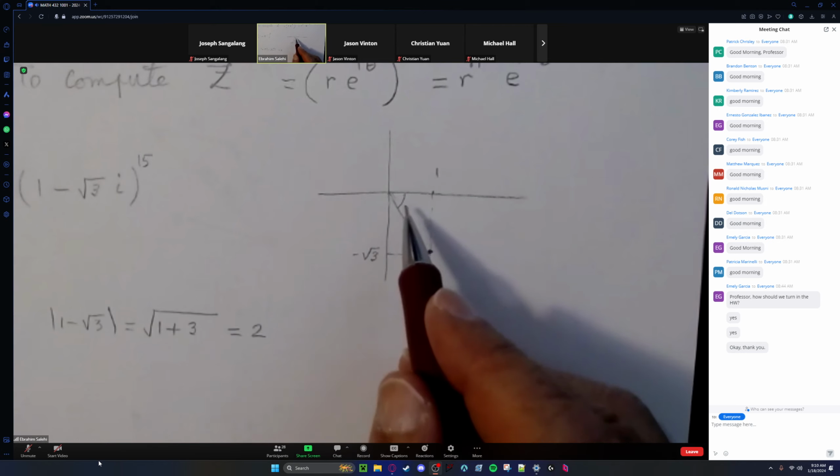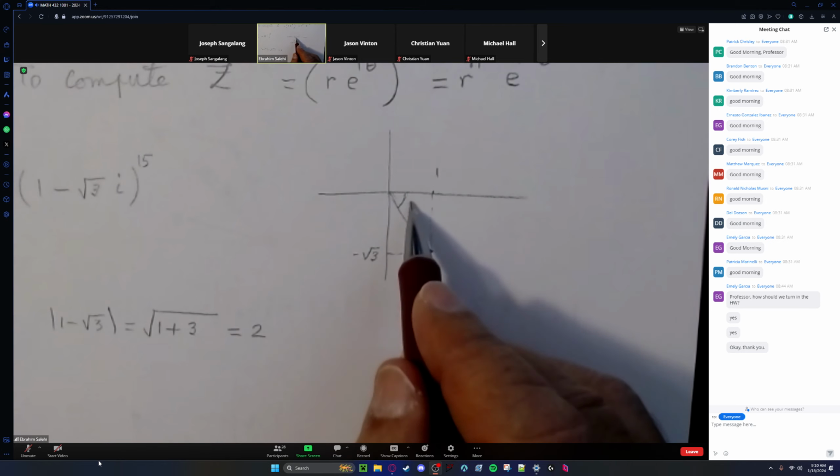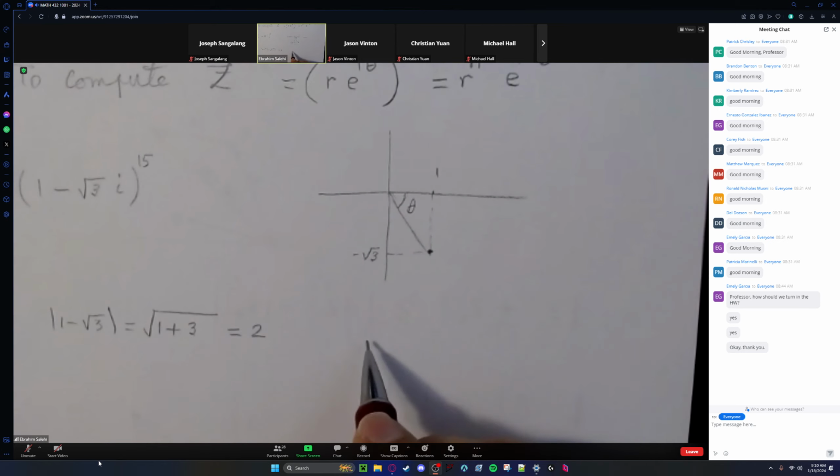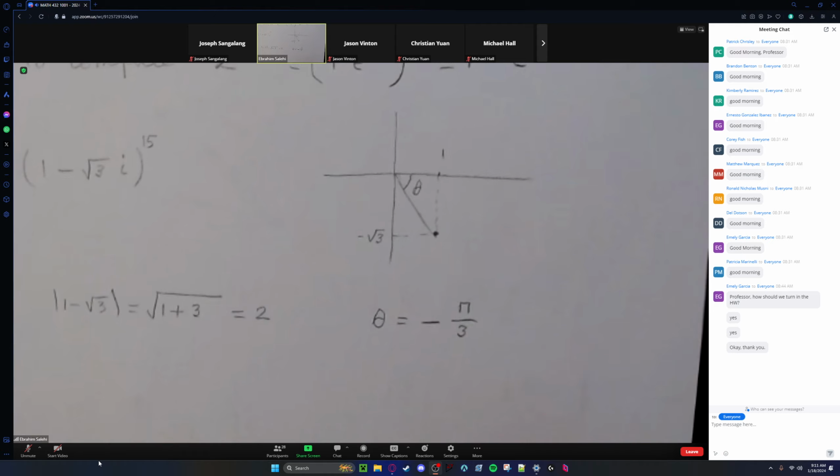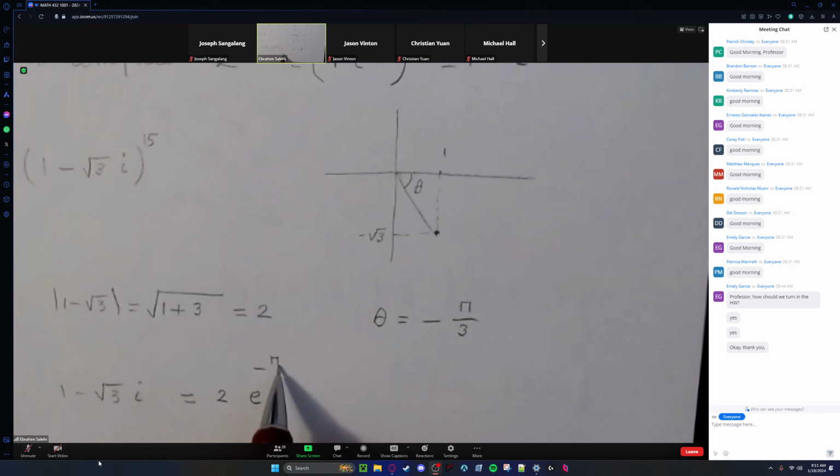How about theta? Look, theta is here. Theta is negative pi over 3. All right. So this 1 minus the square root of 3i, I can write it as 2 e to the negative pi over 3i.